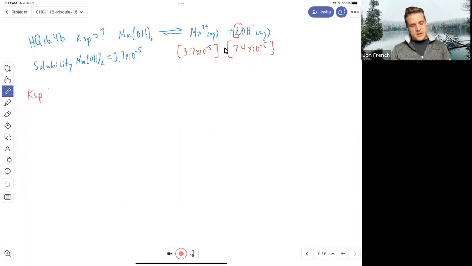My expression would be the concentration of manganese times the concentration of hydroxide squared. So my Ksp equals my manganese concentration, 3.7 times 10 to the minus 5, times my hydroxide concentration, 7.4 times 10 to the minus 5, squared.